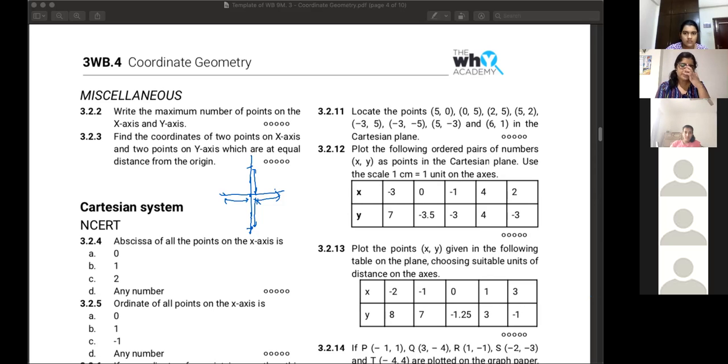Aryan, 0, 0 is the origin, right? That is at the center. So the condition says the points should be on the x-axis. It should be 2 different points and both their distances should be the same if you're measuring from the origin.